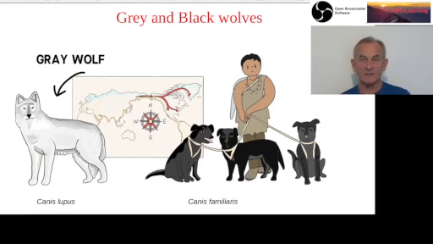There was a hypothesis that it was when humans had settled, and there's a lot of evidence of that, and that's when we started domesticating wolves. However, recent findings have put the date back by many thousand, tens of thousands of years.